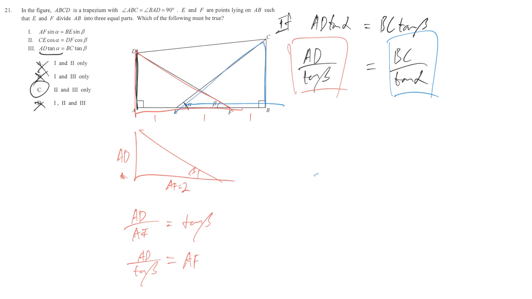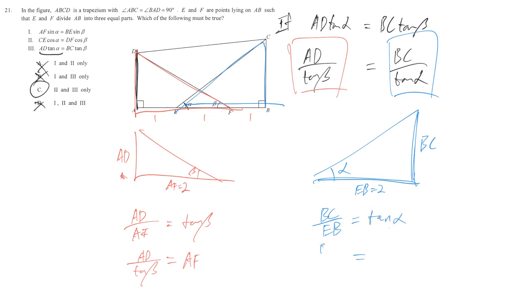Another part, we are going to do a similar thing. So this is BC, and this is alpha. To compare tangent alpha, we need to compare these two lines. We need to compare EB, that means 2 here. So BC divided by EB is equal to tangent alpha. BC tangent alpha is equal to EB.